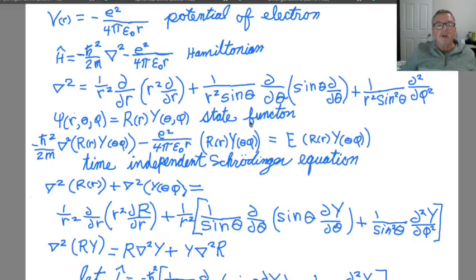Here's the state function, and rather than just calling it psi function, we're going to say that it contains a radial part and an angular part. Here's the radial part, depends just on the radius, and here's the angular part. And we're using an R for the radial part and a Y for the angular part.